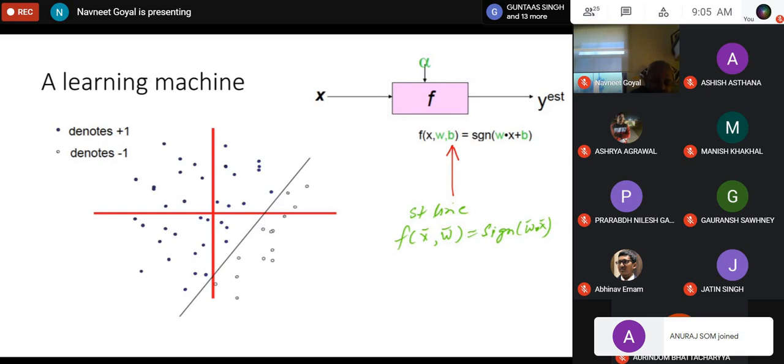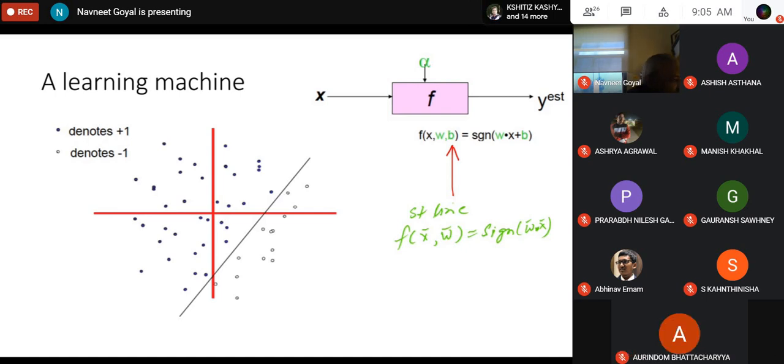Yes or no? I hope you understand what I mean by fitting. Fitting means zero training error, in the context of the problem that I'm discussing.